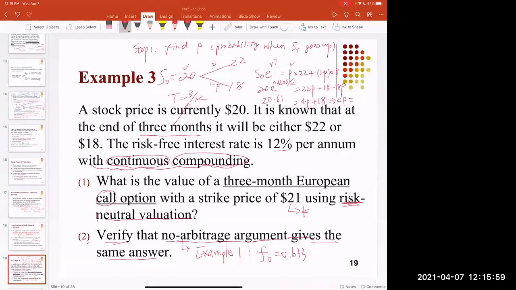That's 2.61. And P equals what? 2.61 over 4. You should get 0.6525, right? But in my question, I got 0.6523. It's just rounding. Okay, you can use 23 or 25.